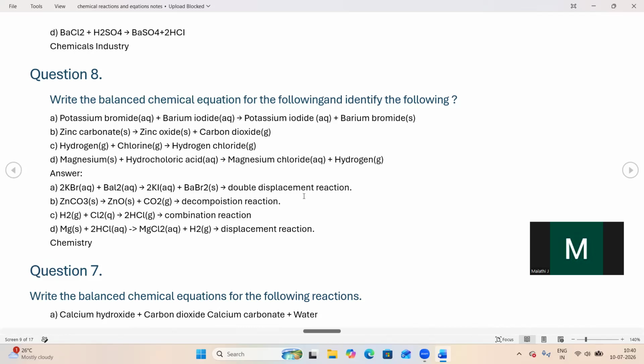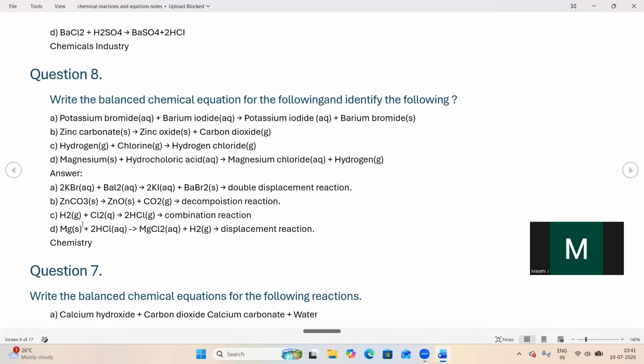So it is a double displacement reaction. B: it is ZnCO3. Zinc carbonate gives rise to ZnO plus CO2. Here a single reactant breaks down, giving two or more products. Breakdown means it gets decomposed. We call it a decomposition reaction.